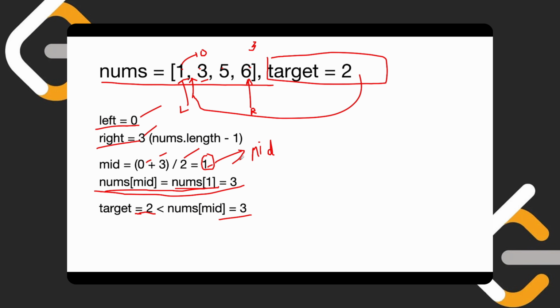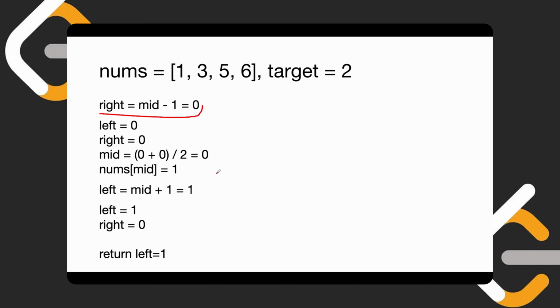The mid value is 1 over here, so 1 minus 1 is 0. And left is also 0, right is also 0. So now mid is equal to 0 plus 0 by 2, which gives a mid value of 0. So nums of mid is equal to 1 over here, because the 0th index has the value of 1.